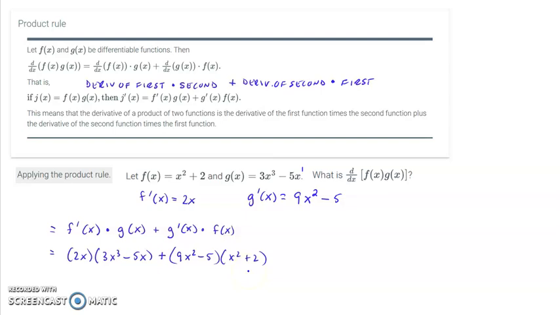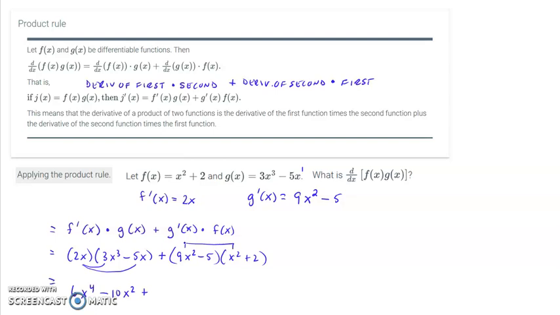Okay, and let's go ahead and simplify where we can here. Alright, we're going to distribute this 2x times each of these terms here. So this is going to give us 6x to the 4th minus 10x squared. Plus, and now when you distribute on this second set of parentheses, make sure you know you're going to have 4 terms total. Right?